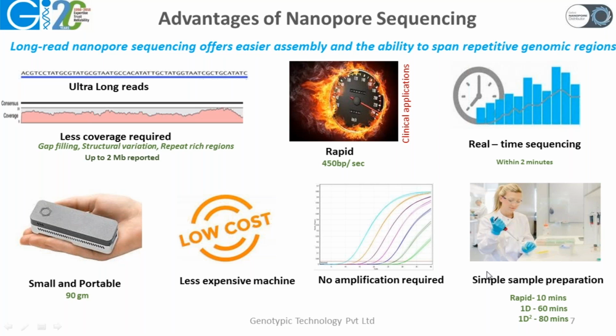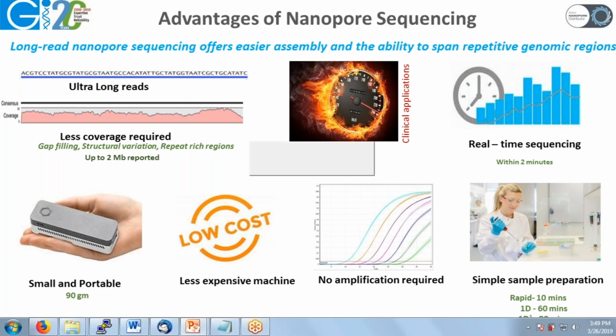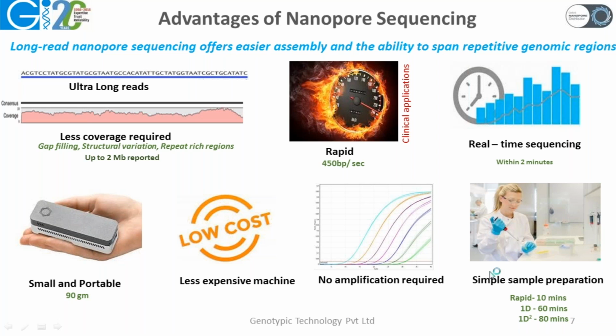Within 10 minutes, it is possible to prepare a library. This is a chemistry called rapid chemistry. Then we have 1D, which is single strand sequencing, which takes about 60 minutes, and then 1D square chemistry, which is sequencing both the strands, and it takes about 80 minutes.